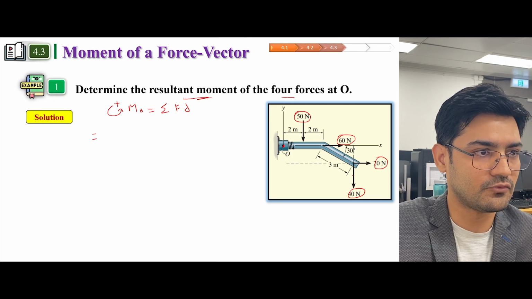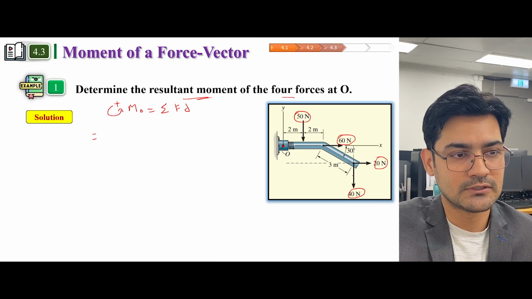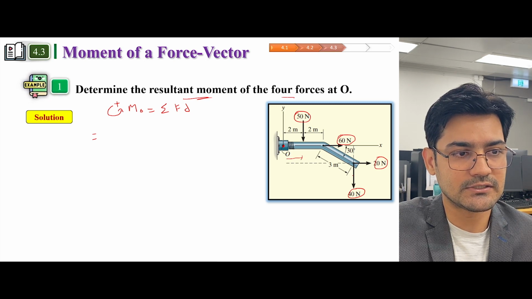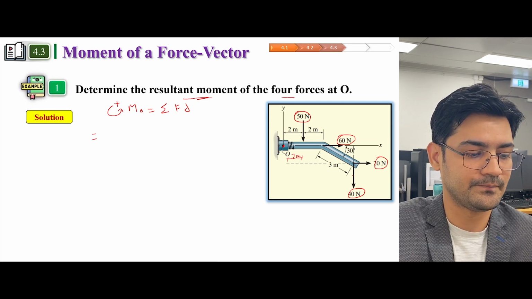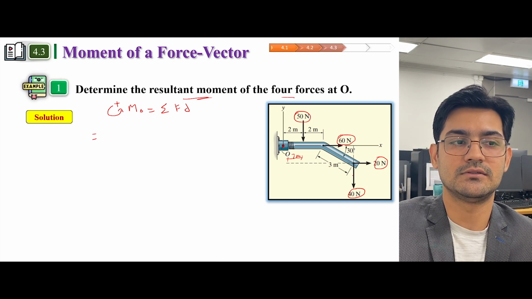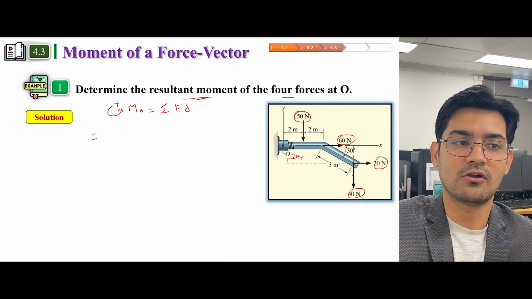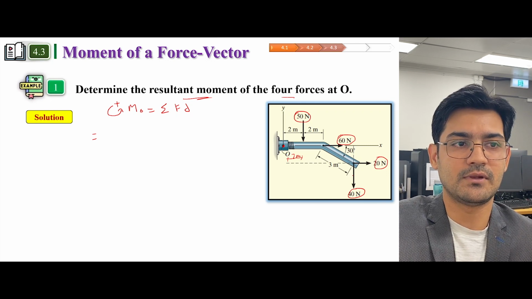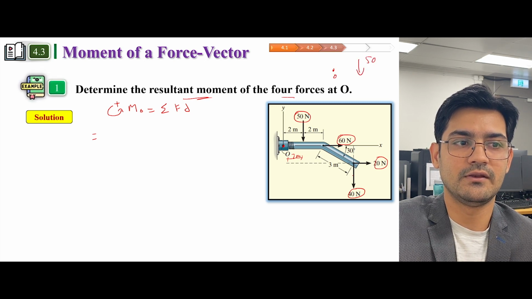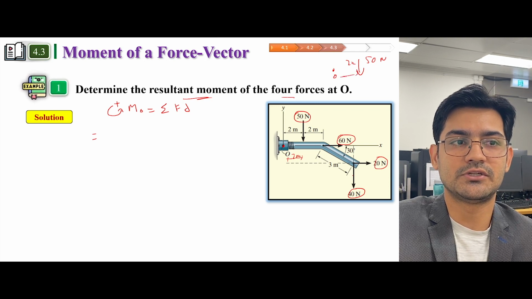So the first force is 50, and this force has a distance of 2 meters. And this force has a tendency to rotate about point O clockwise. For example, if this is point O and this is the force, 50 Newton, and the distance between them is 2 meters, the tendency of rotation is in this direction.